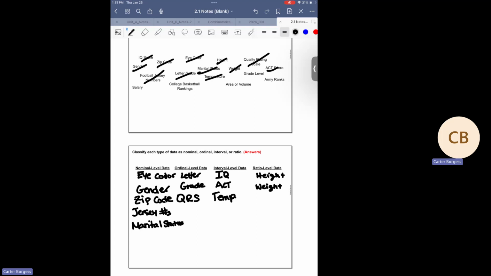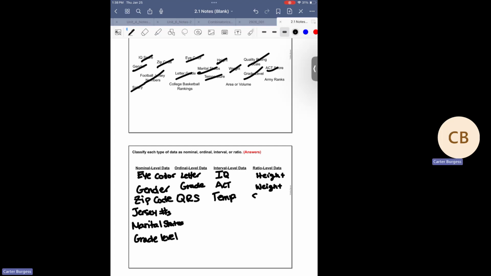I would probably lean nominal, but I definitely could understand ordinal, right? Because it goes in a progression: first grade, second grade, third grade, fourth grade. There is some kind of order there. So I'm actually kind of split between those two. I've been listing it as nominal, but I might get that one wrong as well on a test. That one's tricky. All right. What would salary be?